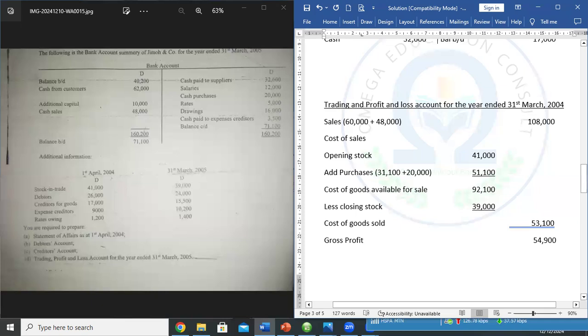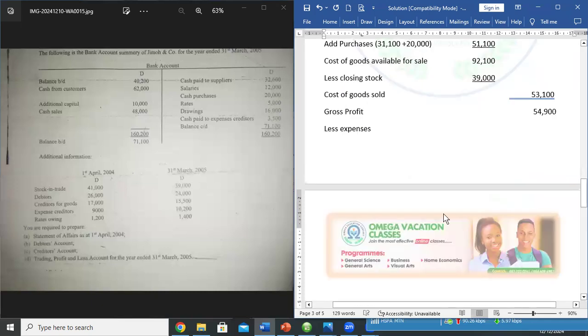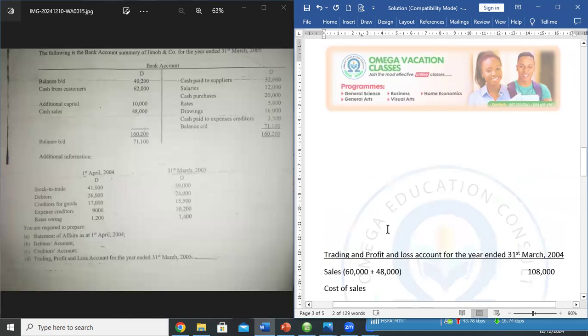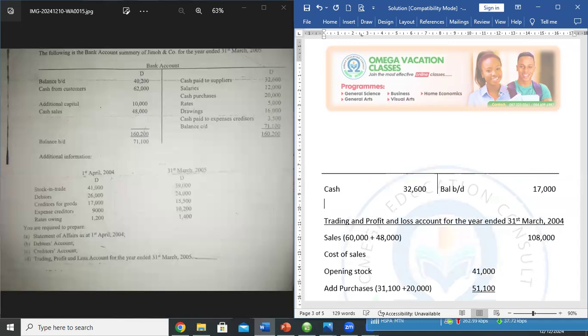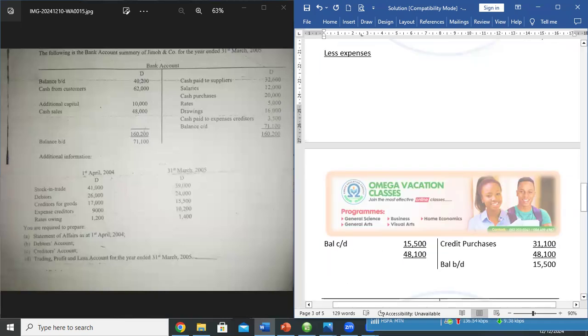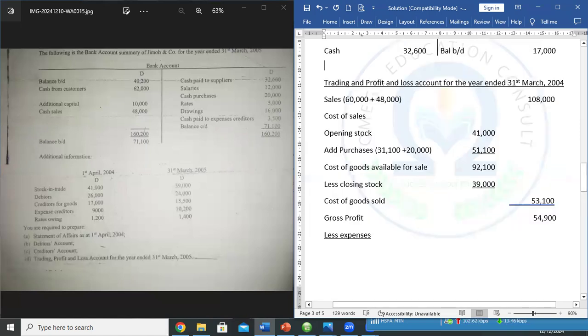So we move on to less expenses. Let me see if I can shift it up a bit. So for the expenses, when you check your cash book, let me see if I can take these things down a bit so they'll all be on the same page.